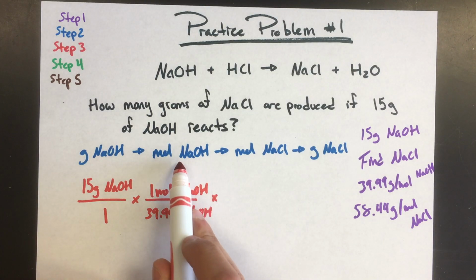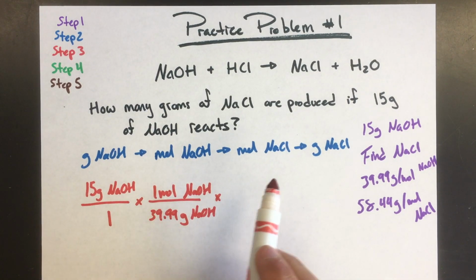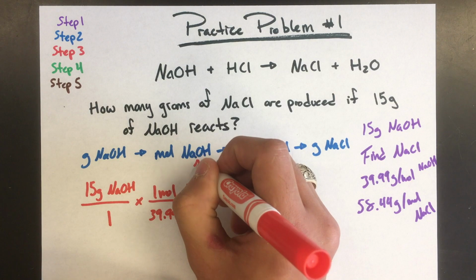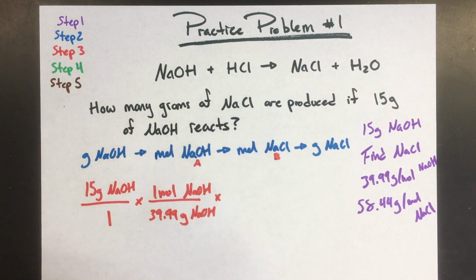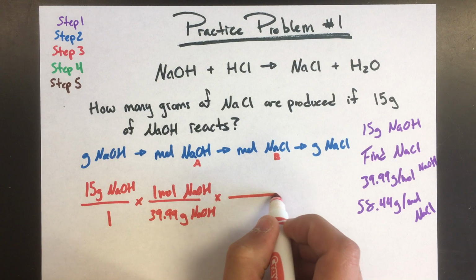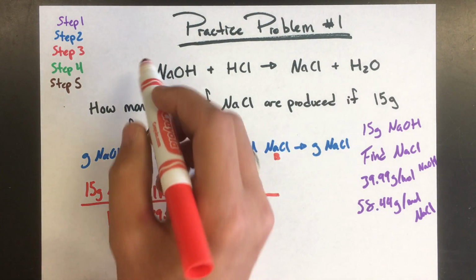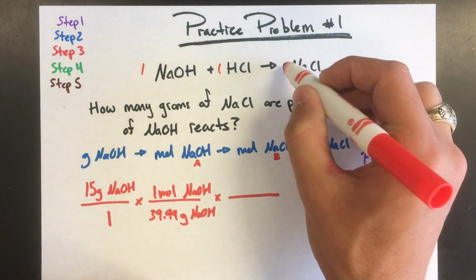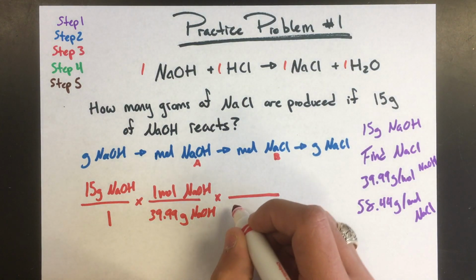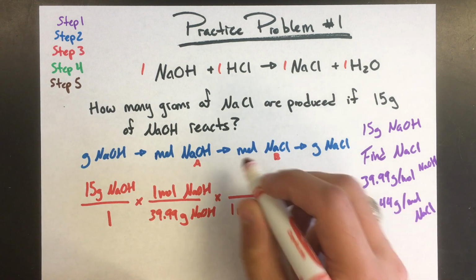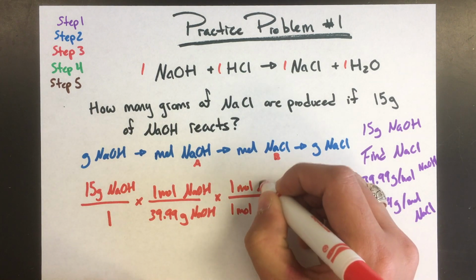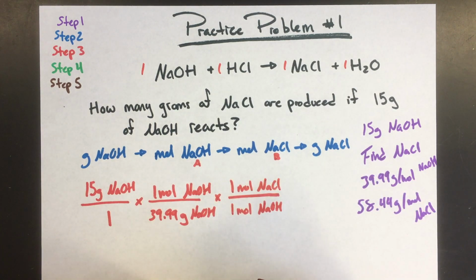Now we're going from moles of one thing to moles of another. So sodium hydroxide is A and sodium chloride is B. And if we look on our news you can use, number of moles A to number of moles B is there. So based on this reaction, these are all 1. So that means for every 1 mole of sodium hydroxide that reacts, 1 mole of sodium chloride is produced.